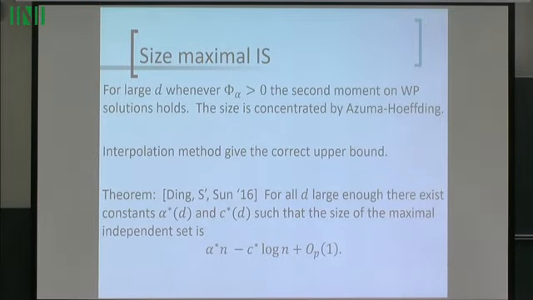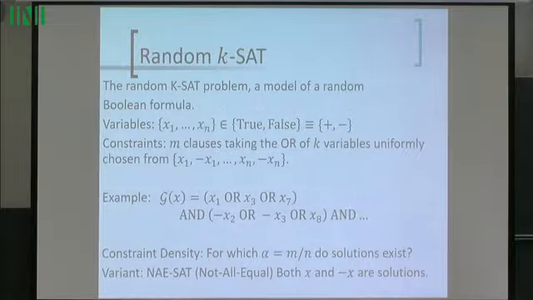The fact that the graphs we were doing this on were regular was really important. Things become more complicated if the underlying graph is not regular, so I'll tell you about what happens in the random k-SAT model.